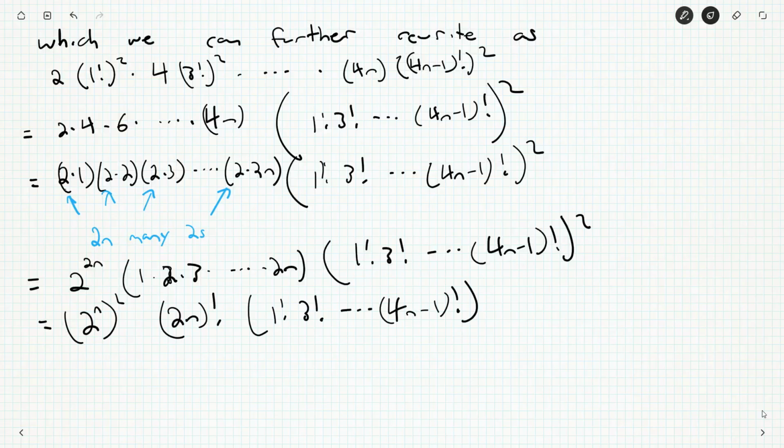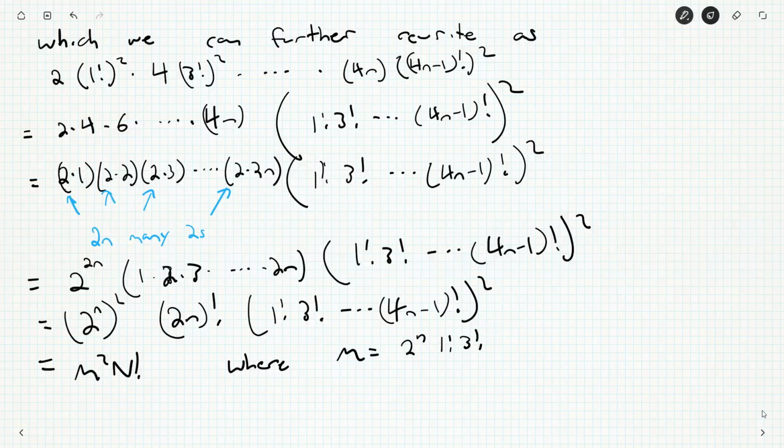And then you can write it one final time, grouping the 2 as a square together, so we could just say it's m squared times n factorial, where m is 2 to the n times 1 factorial times 3 factorial, all the way up to 4n minus 1 factorial, and n is 2n. Okay.